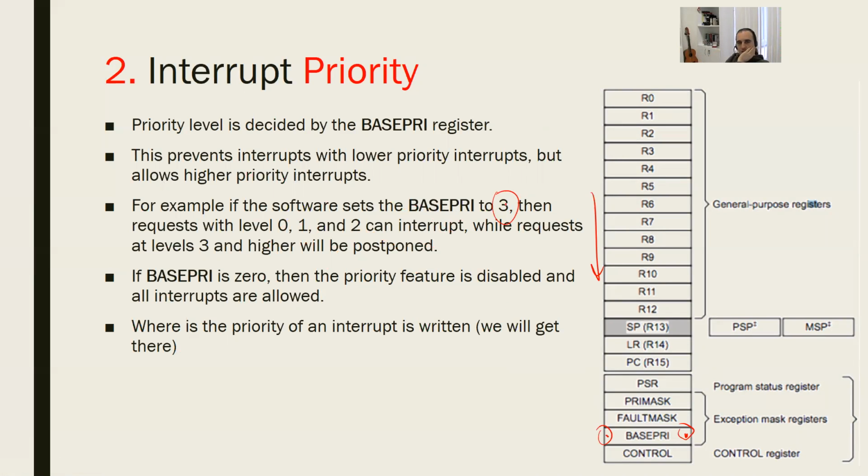If the base pri is 3, then 0, 1, and 2 are accepted. If the priority level is 4, then 0, 1, 2, 3 are accepted. What if the priority level is 0? Is nobody accepted? No, it is an exception.